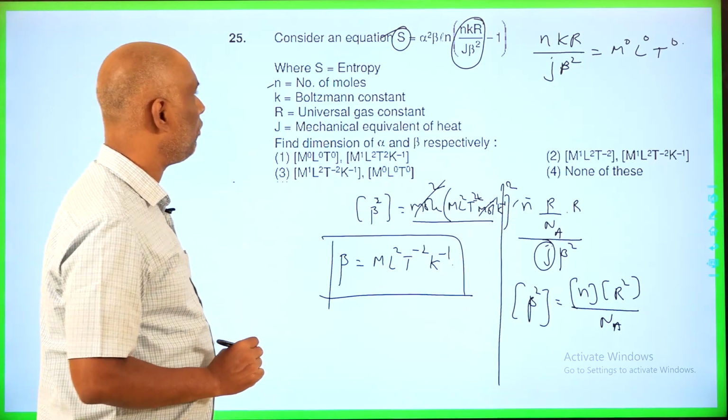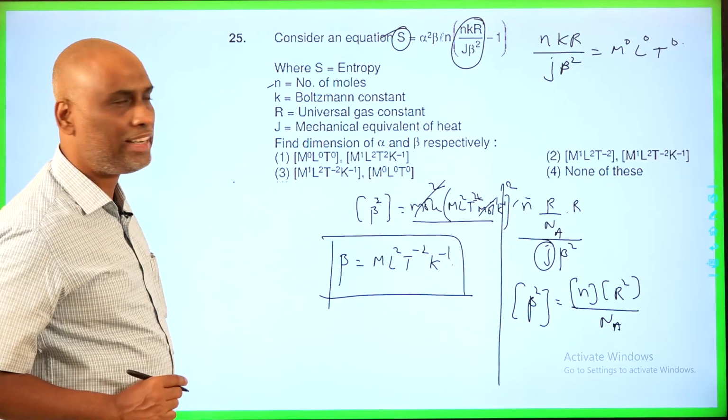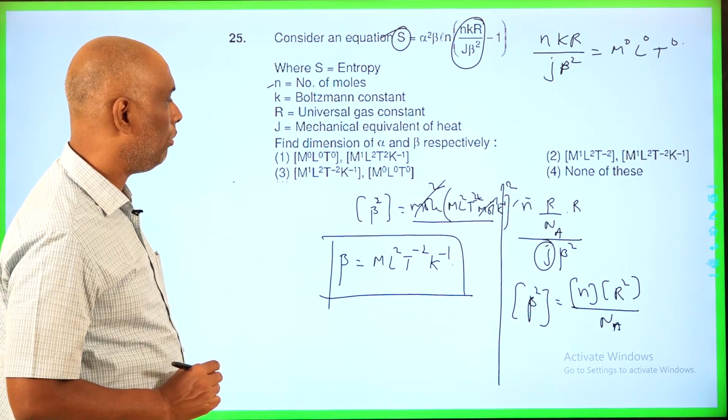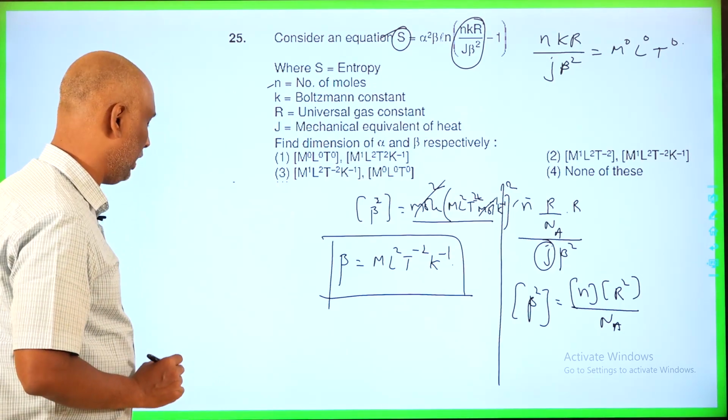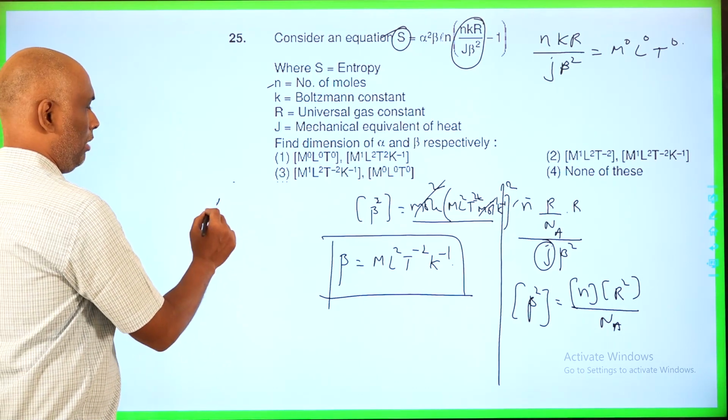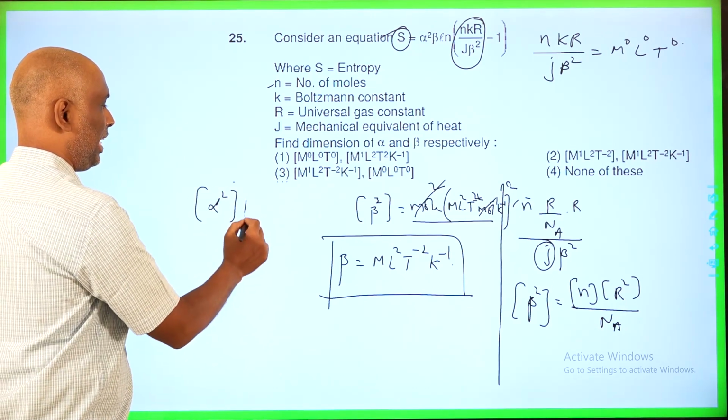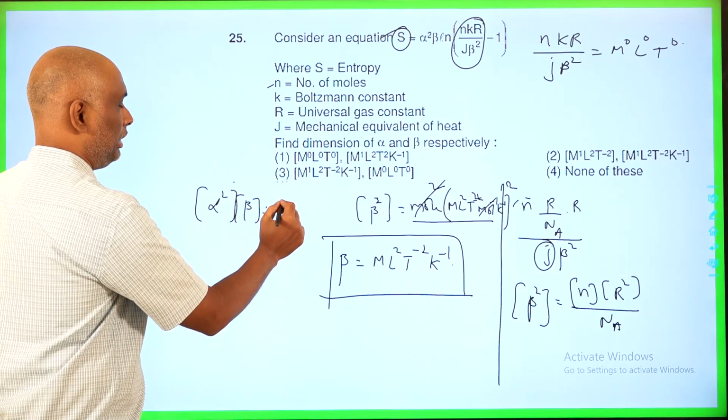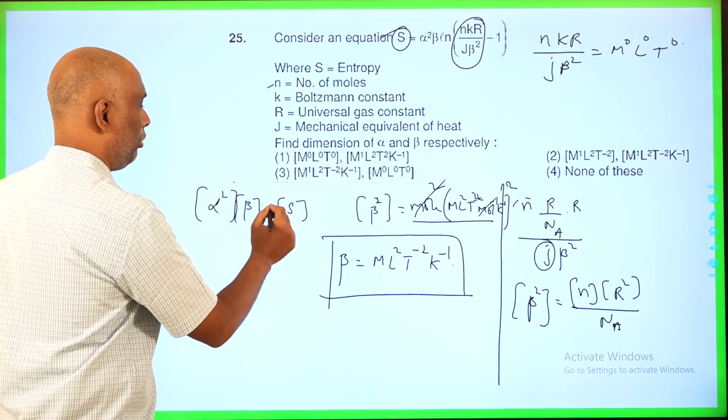Once we got the dimensional formula of beta, next we should calculate the dimensional formula of alpha. How do you calculate the dimensional formula for alpha here? Dimensional formula for alpha square into the dimensional formula for beta is equal to the dimensional formula for entropy.